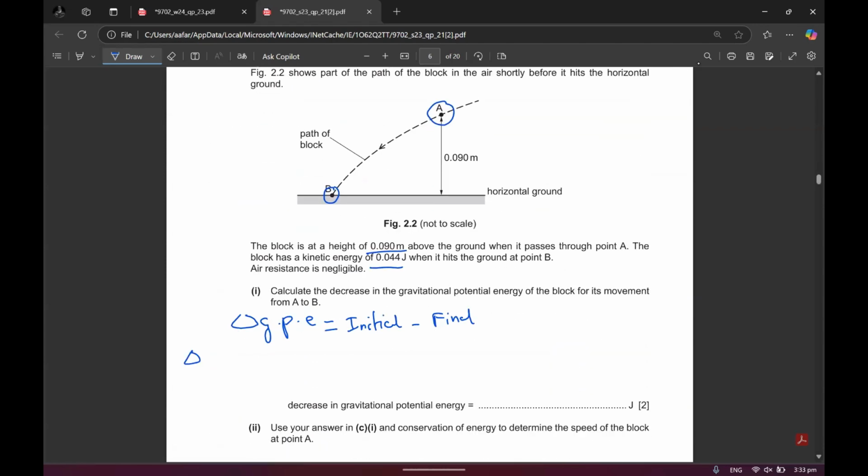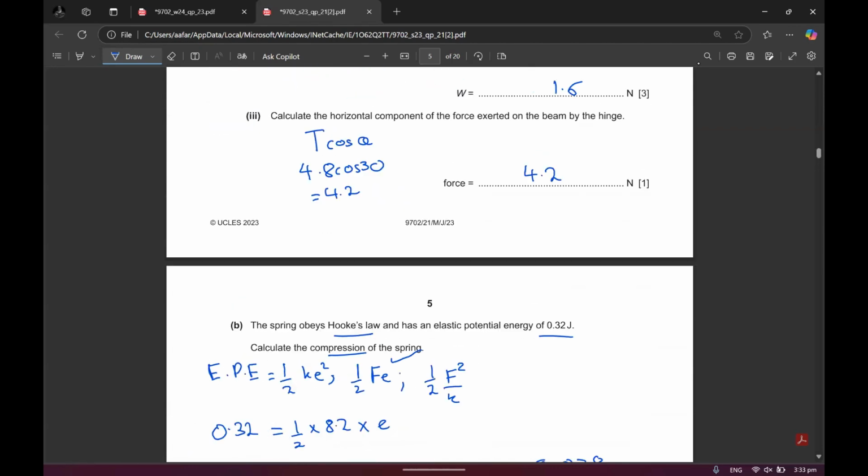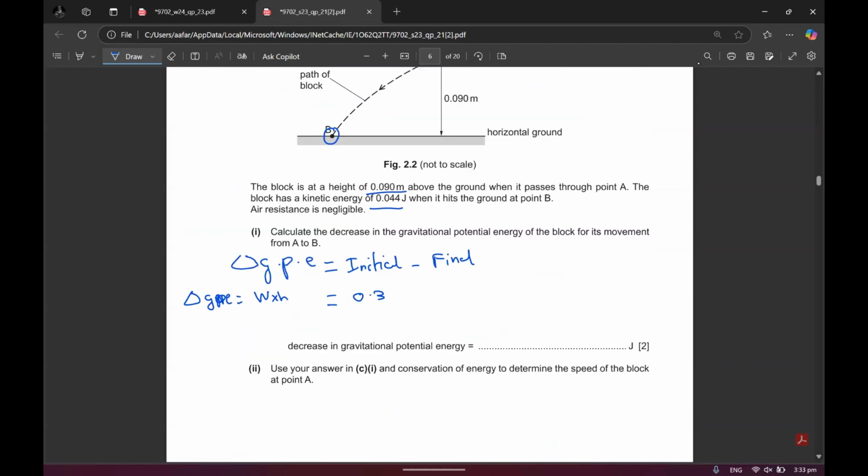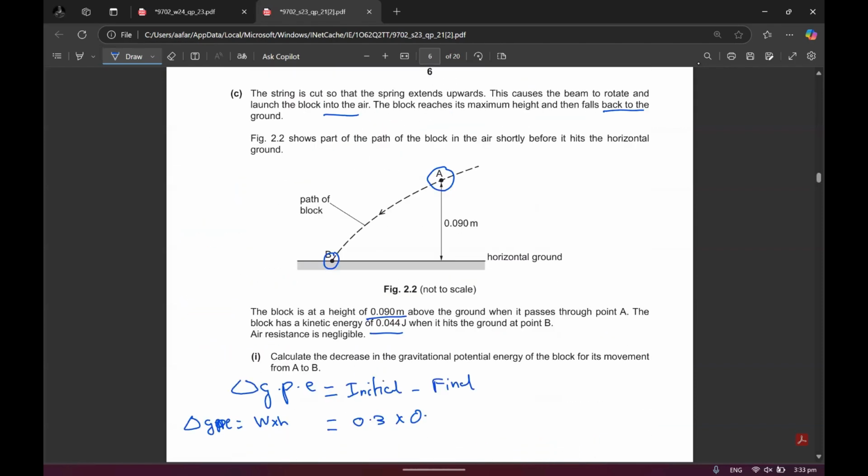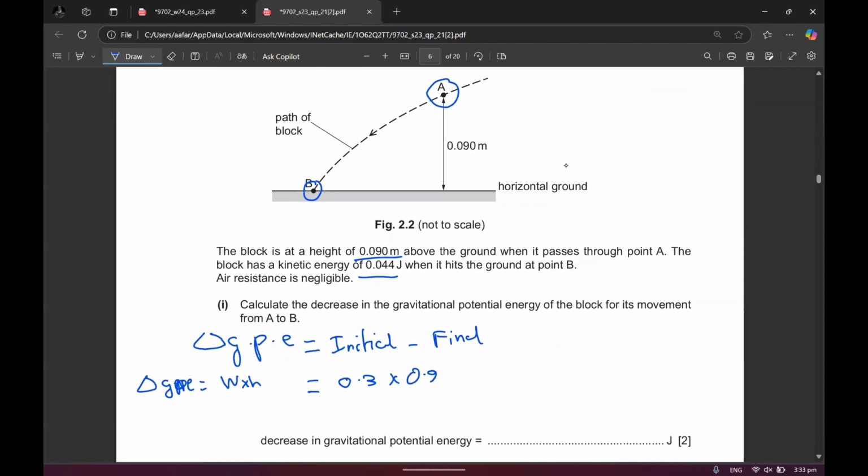So GPE is weight into gravity, right? MGH, sorry, weight into height. So initially we have 0.3 into 0.09, and at B it basically does not have any gravitational energy. So this is basically the change, which is 0.027 joules.